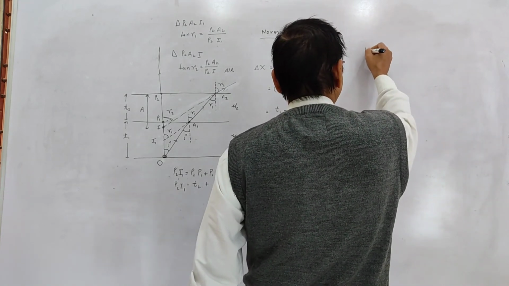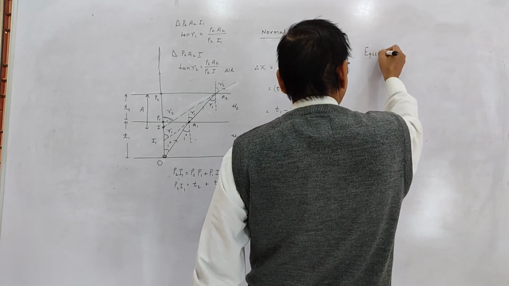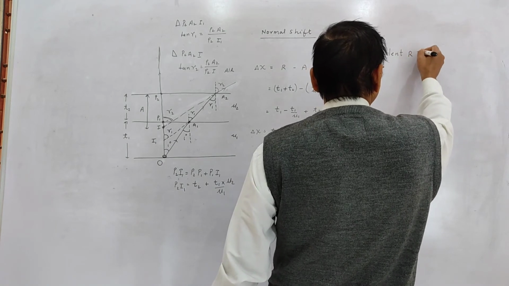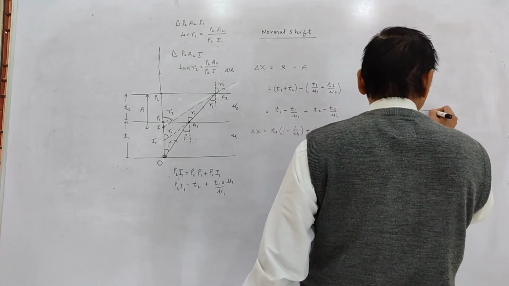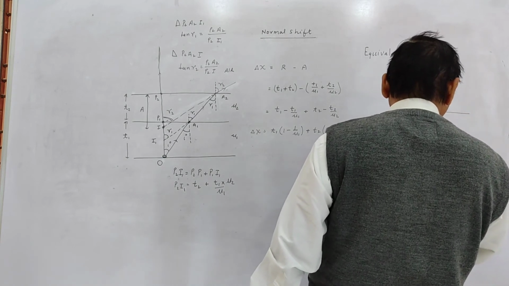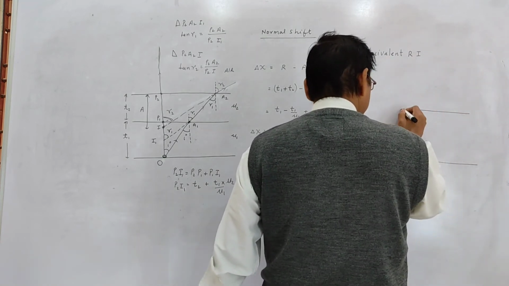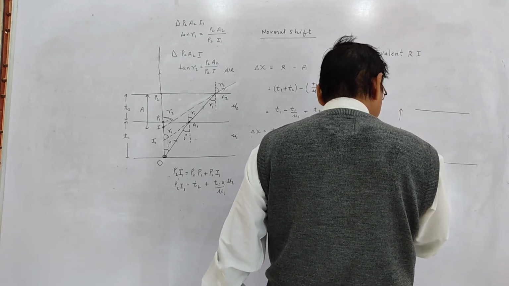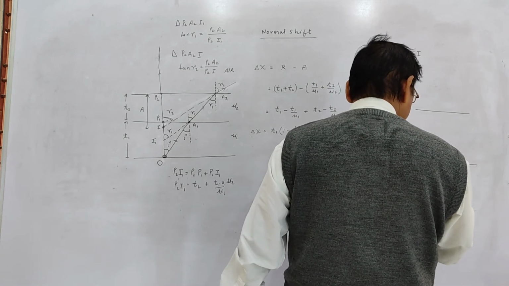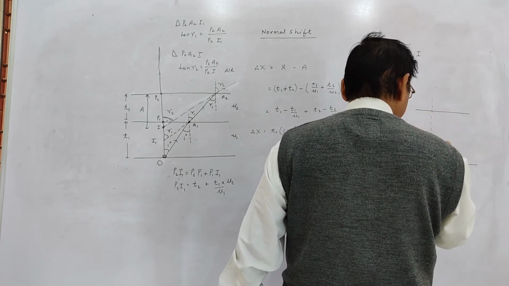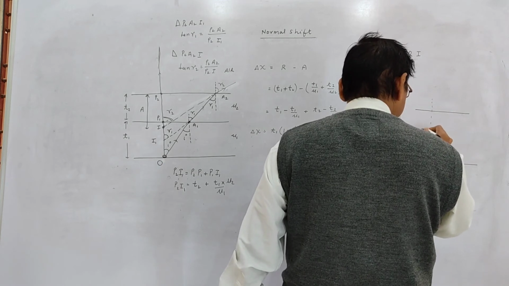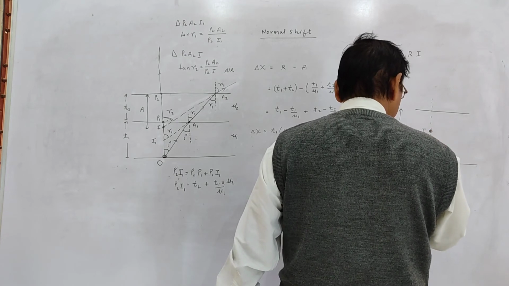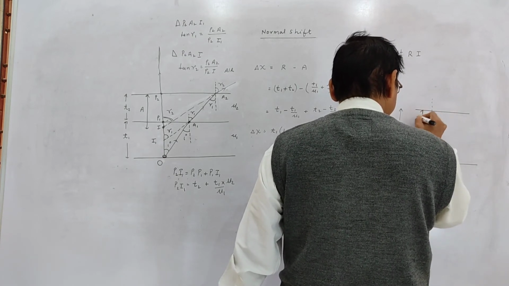So, equivalent refractive index. Suppose I take a single slab whose thickness is T1 plus T2. Put an object here and its image is formed somewhere here. So this is the shift. This is the apparent depth.